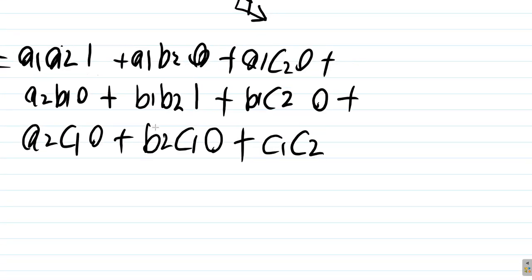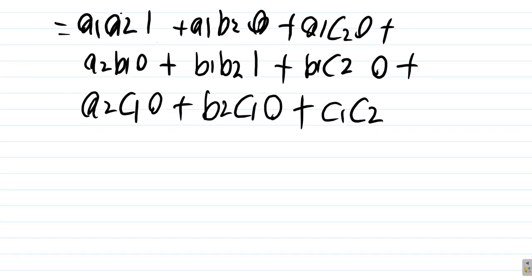Now here, all the 0 parts disappear. So we have A1, A2 plus B1, B2.